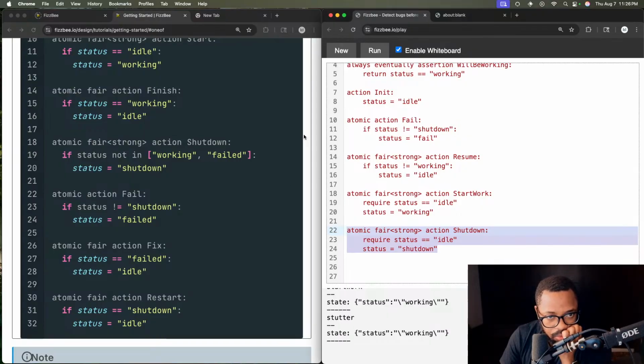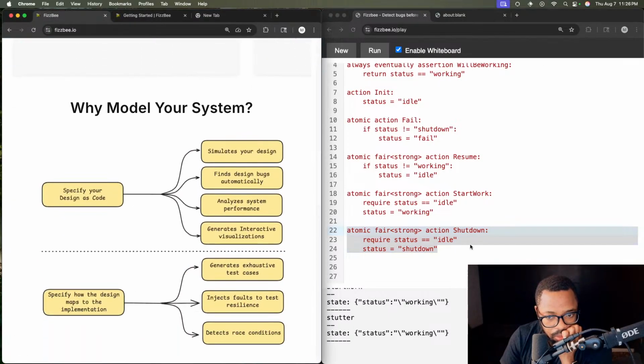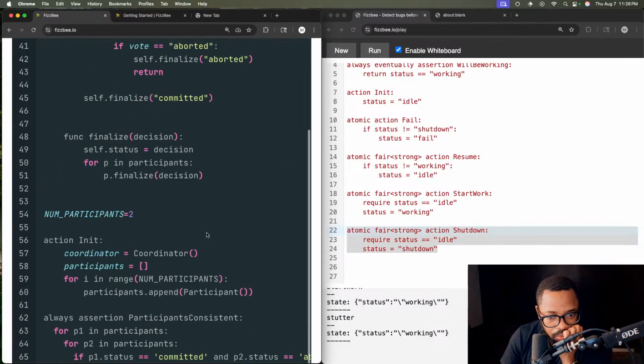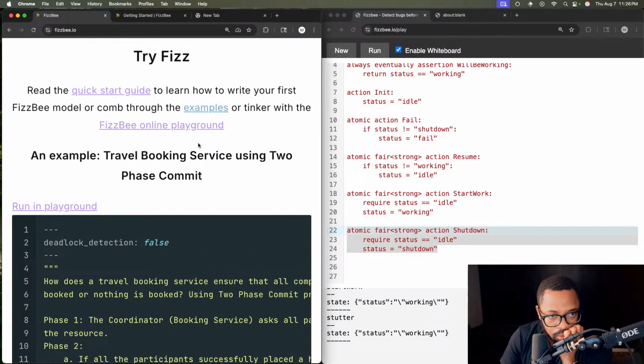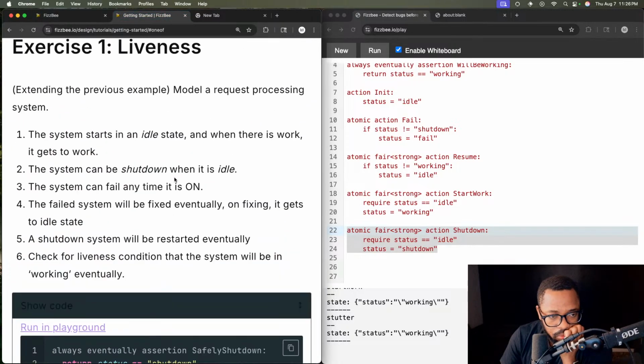Looking back, I am questioning why I thought that you can only shut down when idle. What is this? Oh, because of this.